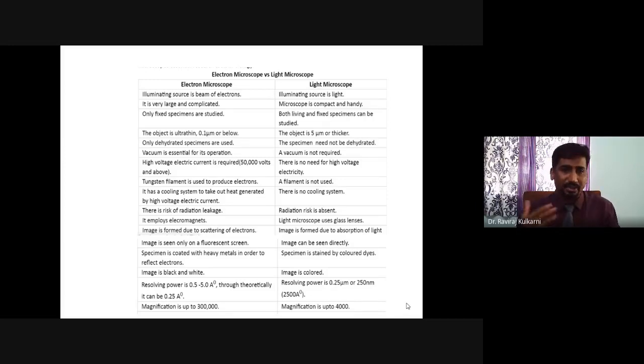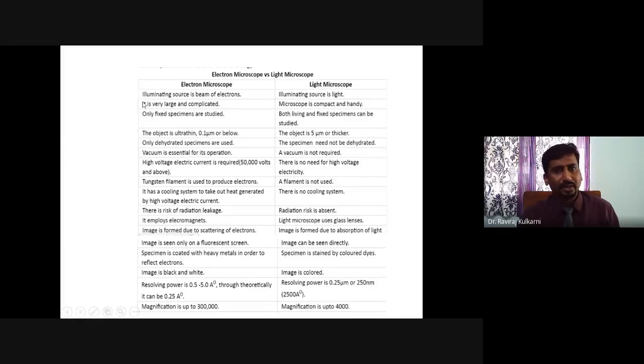There are advantages of electron microscopes over light microscopes. What is the difference between them? The source is a beam of electrons in the electron microscope, whereas in light microscopes, the illuminating source is visible light.